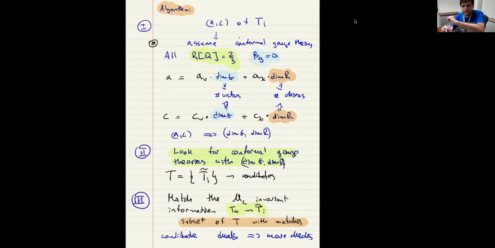Okay, so now what I will do, I will apply this algorithm to a very simple case of a theory T1, which we will take to be Lagrangian. We will not take some more complicated definition of the theory coming from geometry.